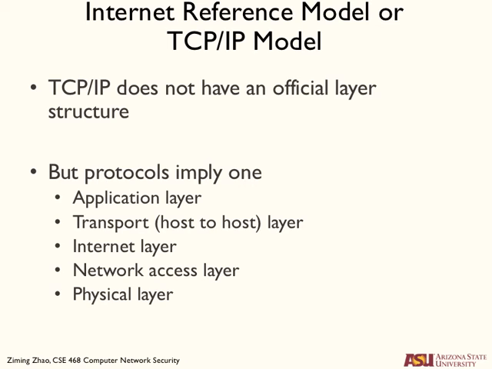And the network layer, some people call it the internet layer. If you say network layer, it's also fine. And the data link layer has many names. Some people call it the network interface layer, some call it the network access layer, and some call it the host to network layer, and then the physical layer.